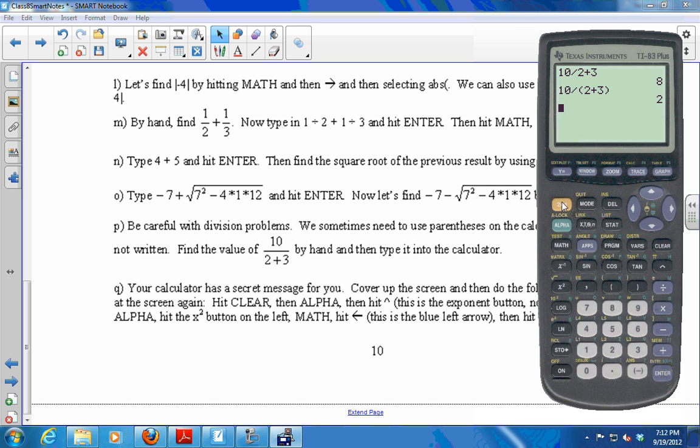Second entry. So you do second and then the enter button. That little trick is really handy when you're trying to do plus or minus in the quadratic formula, because you can do the plus and then you hit second enter and it gives it again, and all you have to do is change the plus to a minus. Saves you a little bit of typing.